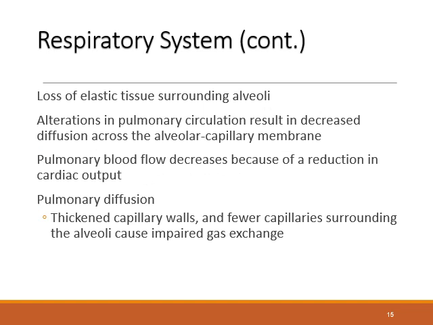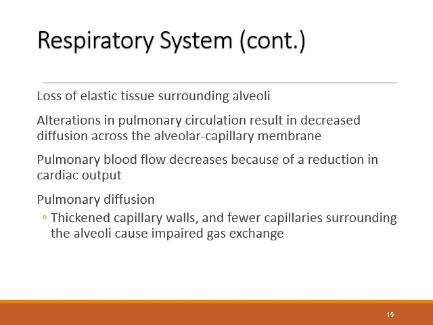Next, loss of elastic tissue surrounding the alveoli. We've talked about the exterior of the lung. So what about the interior? We go to the larynx, the trachea, the bronchi, the alveoli.